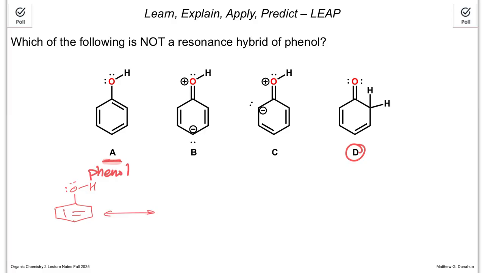So our benzylic position has a lone pair. We can delocalize that into the ring. And again, for resonance, we have a lone pair. We have 1, 2, 3 atoms and the pi bond.